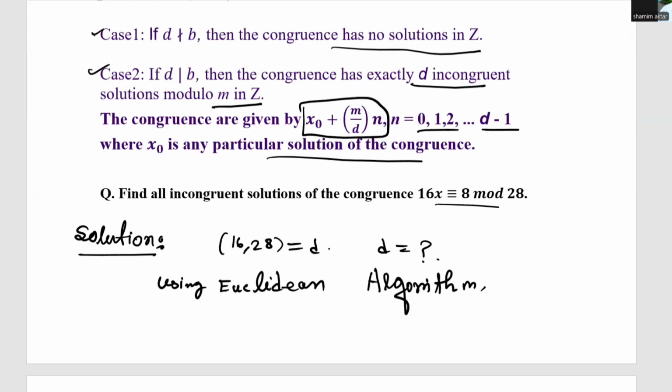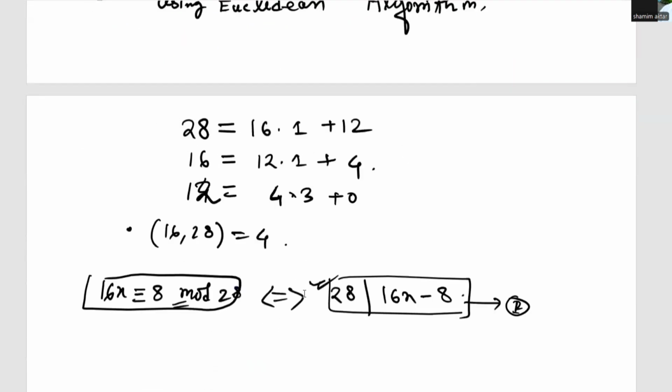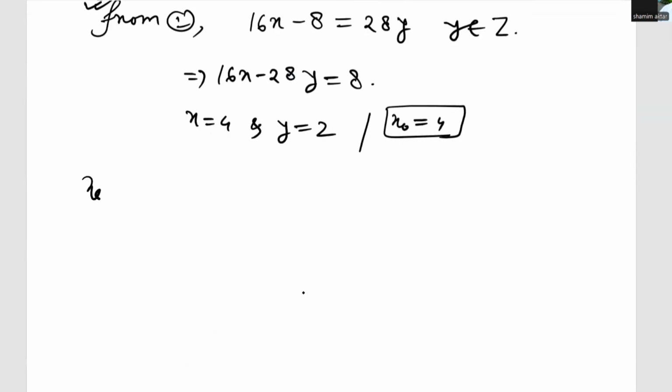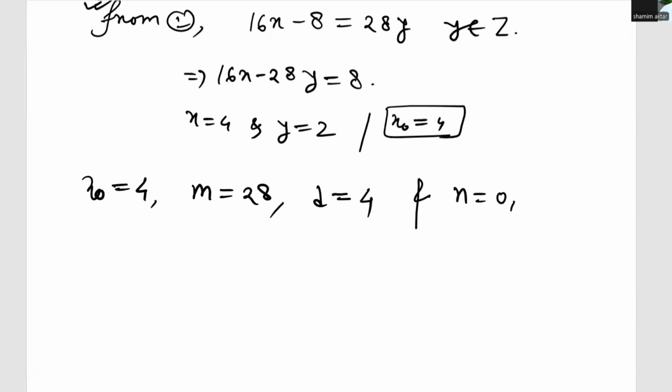Where n goes from 0 to d minus 1. Here x0 equals 4, m equals 28, and d equals 4, and n equals 0, 1, 2, 3. Now find all the values of x0 plus (m/d) times n, where n equals 0, 1, 2, 3.